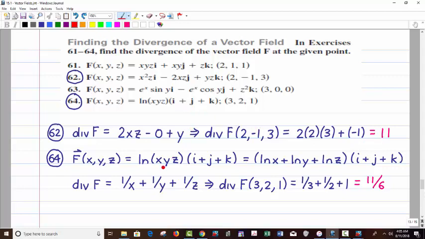Now this next one, I kind of used log properties here to make this a lot simpler. So I broke up the natural log of xyz as natural log of x plus natural log of y plus natural log of z. Now that might be a little weird the way I wrote this here, but let me explain that this does not mean you're really multiplying a trinomial times a trinomial.